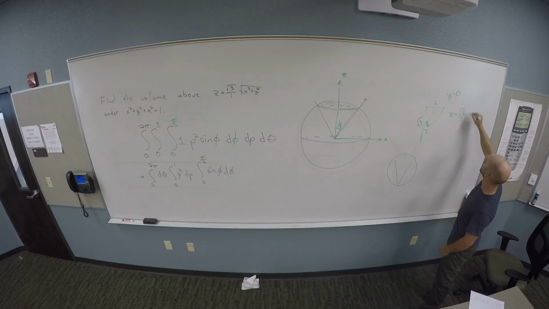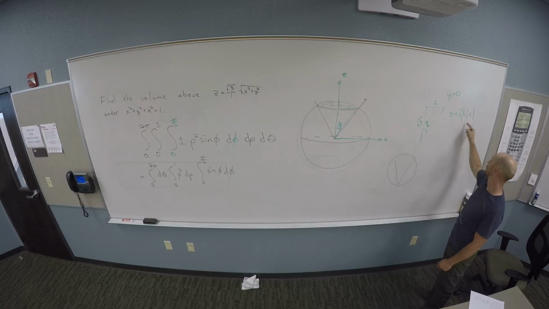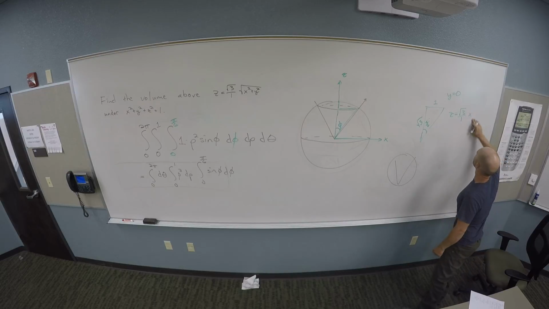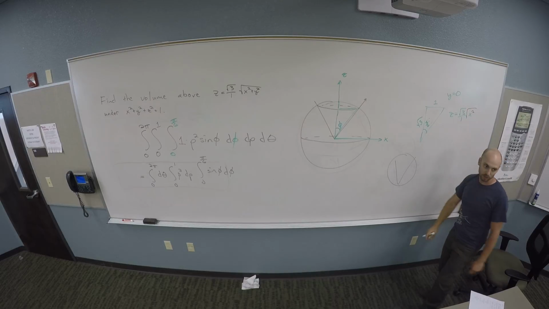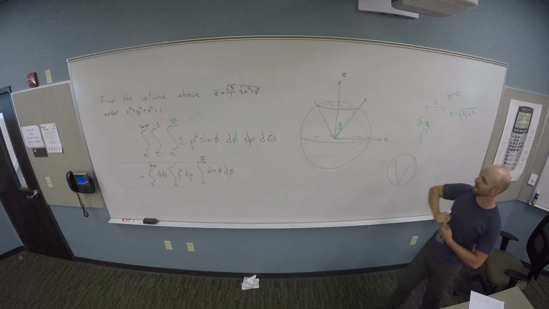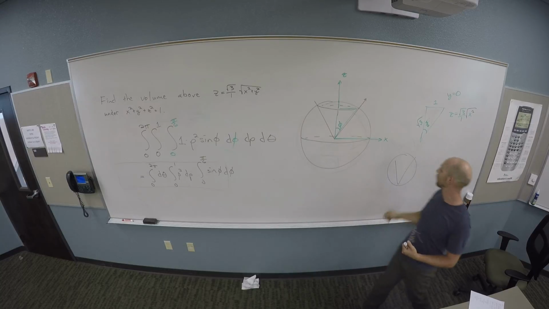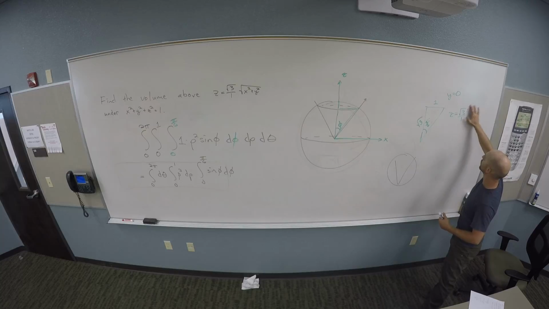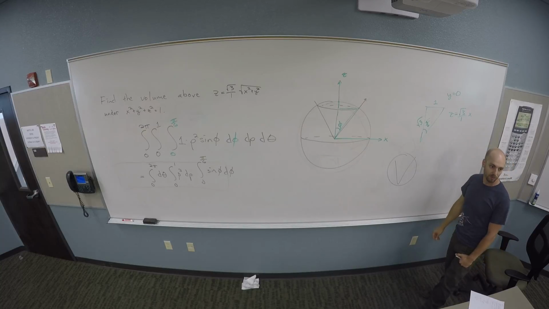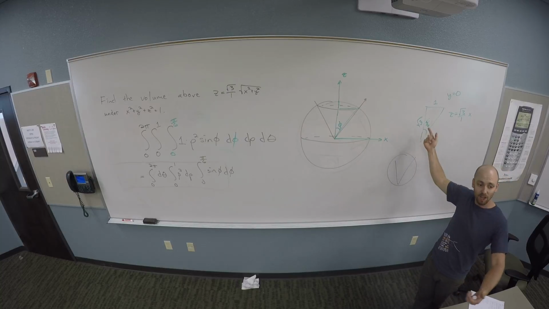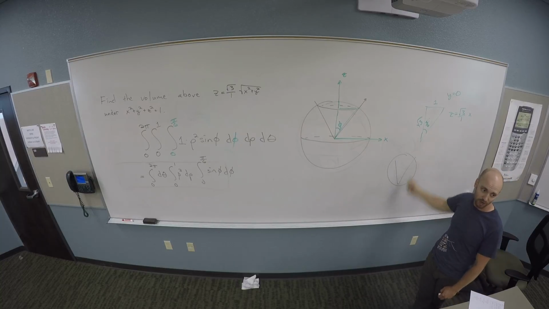And then I had z was this number times the absolute value of x, because it's the square root of x squared. And then I really only care about the right-hand side, I'm only looking in the first quadrant, so x is positive. So I'm going to drop the absolute value bit. But really all it is is a trick to give me this triangle. You could slice along any line at all and it'll still give you this triangle. Okay. Is that cool enough?